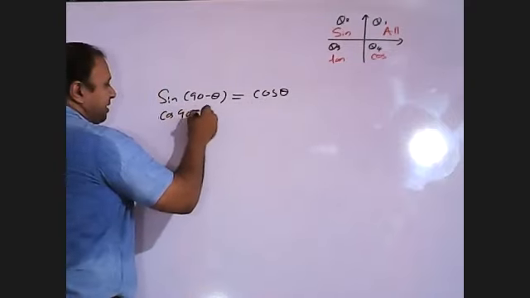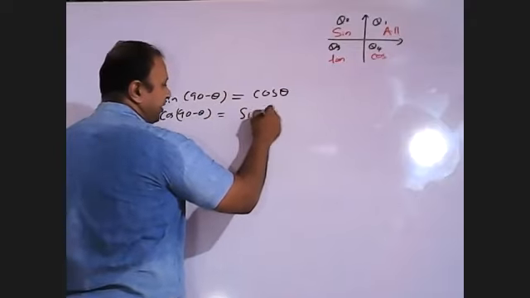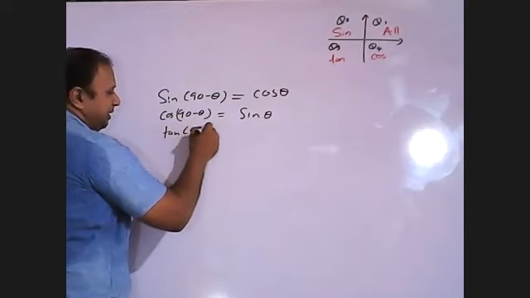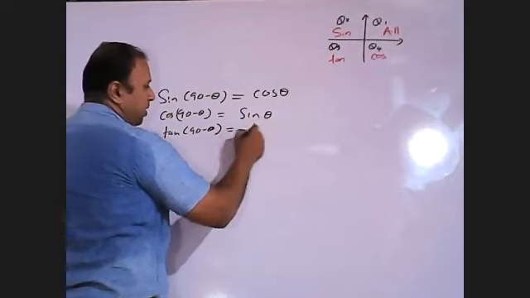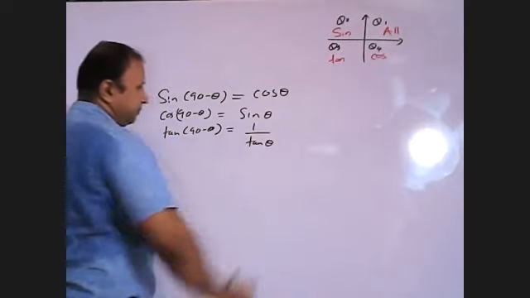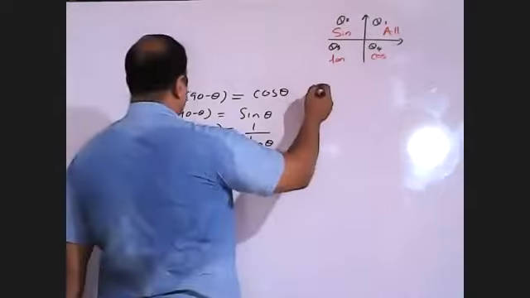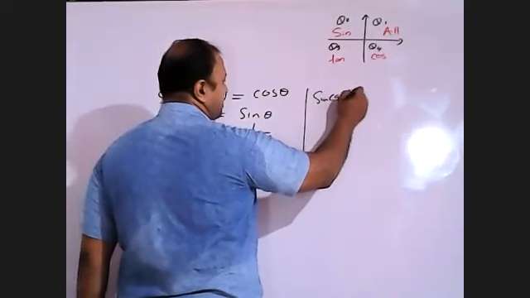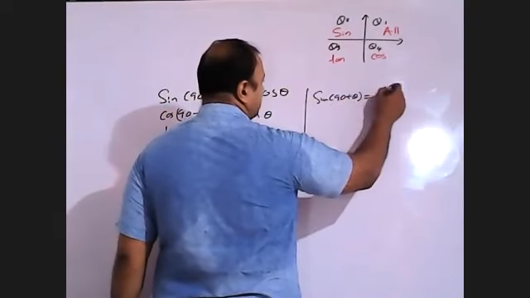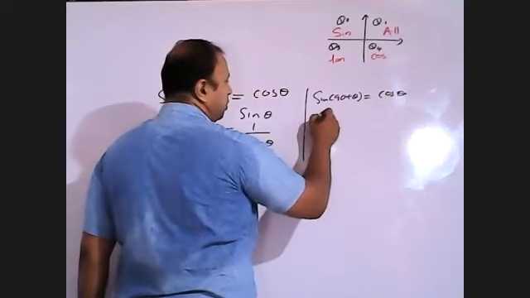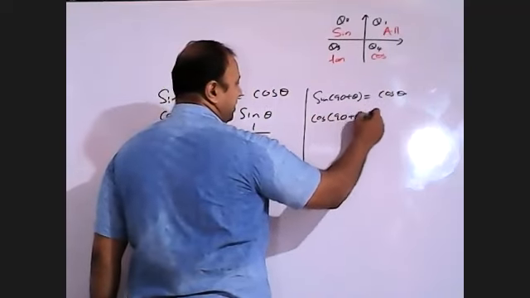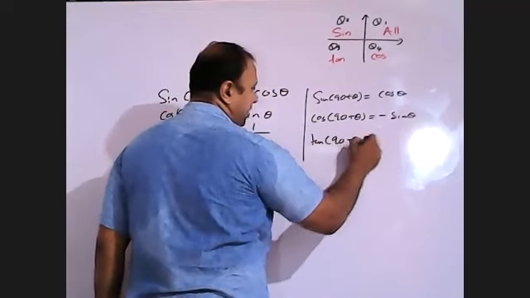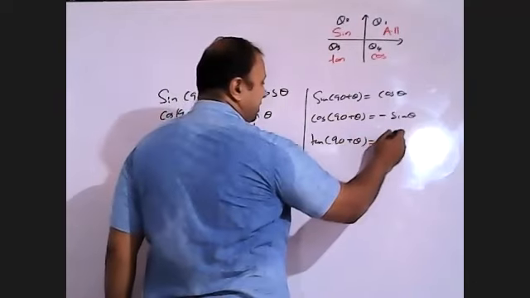Cos 90 minus theta is equal to sin theta. Tan 90 minus theta is equal to 1 over tan theta. Then 90 plus theta: sin 90 plus theta is equal to cos theta. Cos 90 plus theta is equal to minus sin theta. Tan 90 plus theta is equal to minus 1 over tan theta.